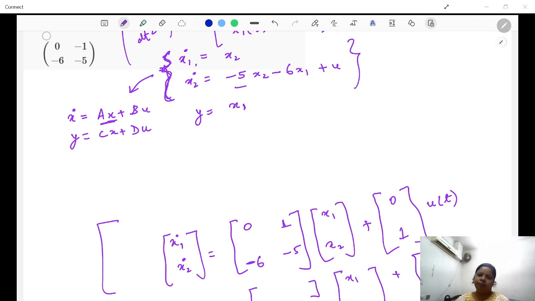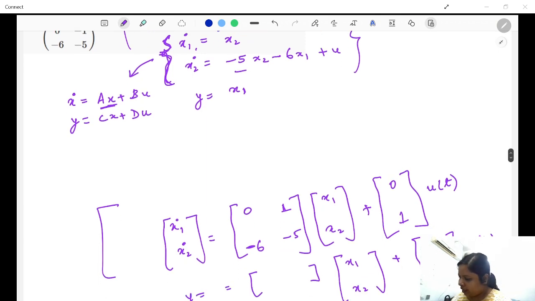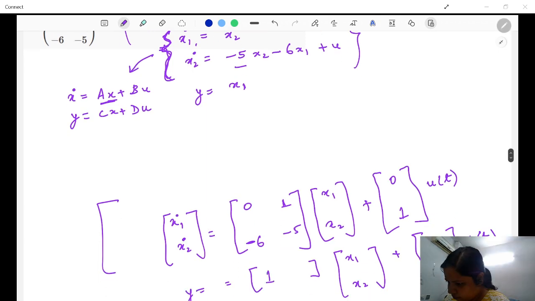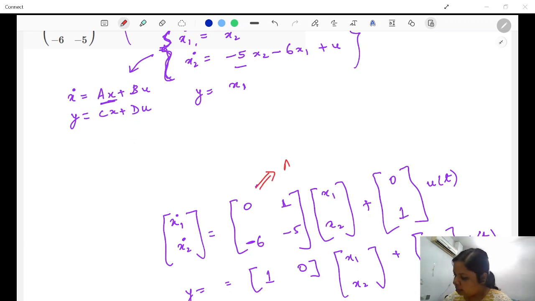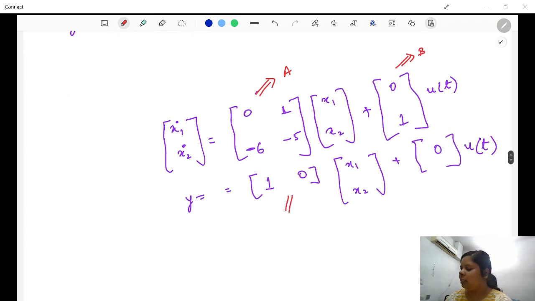This complete thing gives you the total matrix of the system, how this differential equation was written over here. Now write for y, it would be 1, 0. And for u, there would be no u. So this is the A matrix, this is the B matrix, this is your C matrix, this is your D matrix.